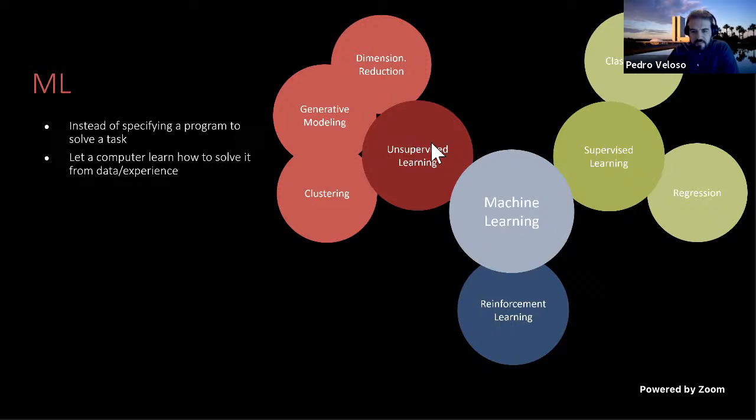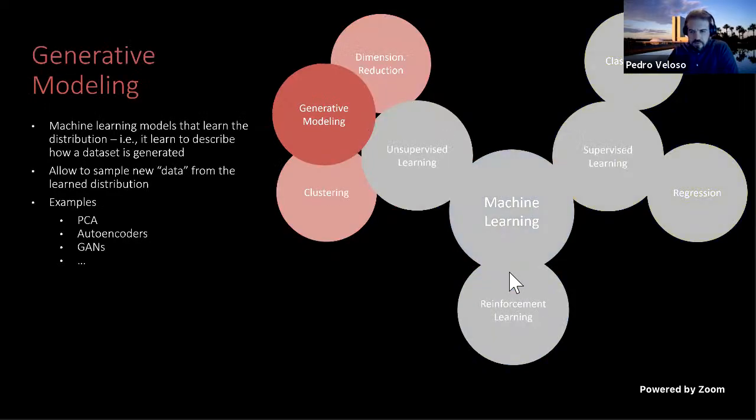As you can see here, there are many areas. In general, people define 3 branches of machine learning: unsupervised learning, supervised learning, and reinforcement learning. I'm not going to talk about all of them, I'll focus on 1 or 2. One really important element here is generative modeling, which is typically placed close to unsupervised learning. The idea is that you can create computational models that, in technical terms, learn the distribution of a certain data set.